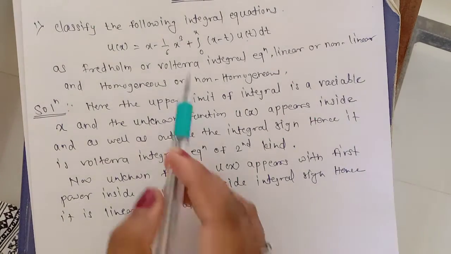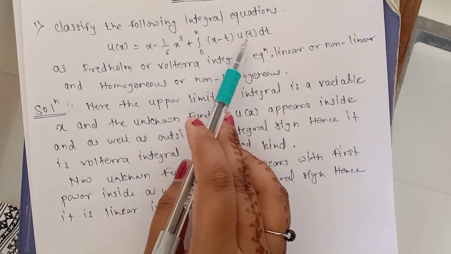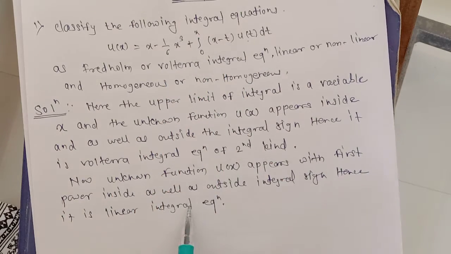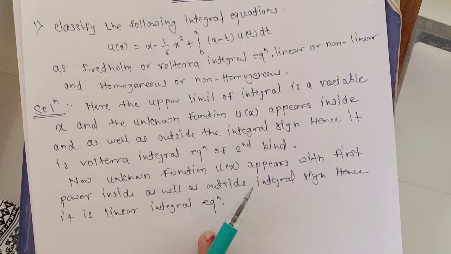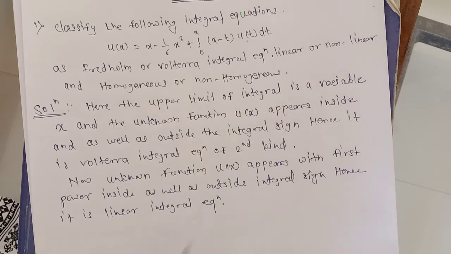Now we have the equation u of x is equal to this plus integral 0 to x of (x minus t) u of t dt. Now we have to look at the form of the second kind of Volterra integral equation.